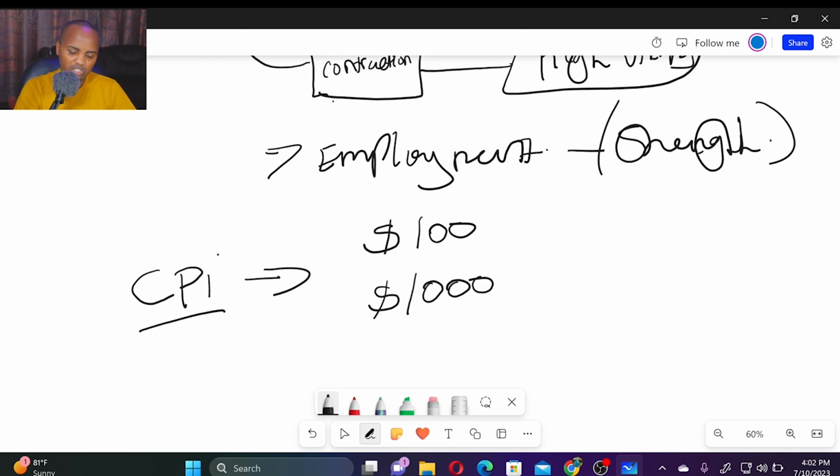So how our inflation is measured is this: you compare the result of last year and this year, and then you do 100 divided by 1,000 times 100.